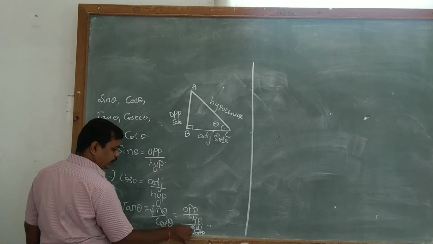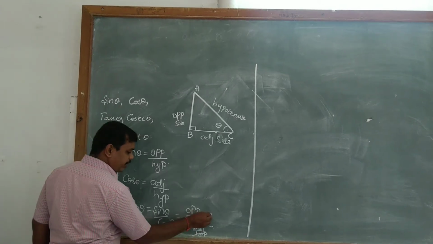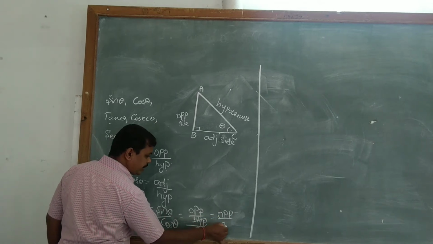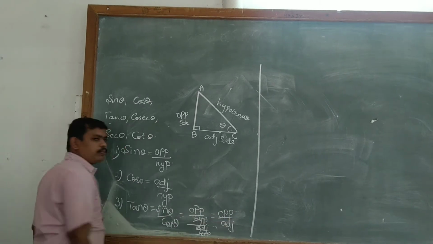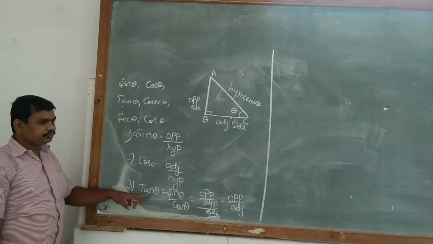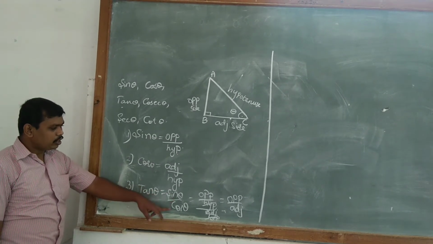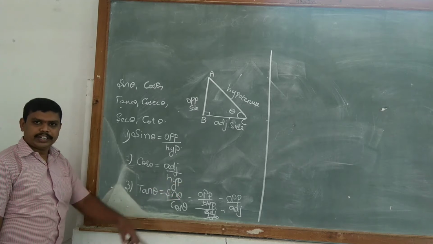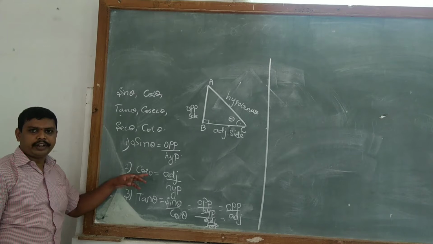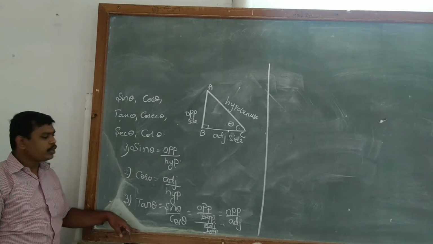Now if I cancel hypotenuse, you will be remaining with what here? Opposite by adjacent. So tan theta is equal to sin theta by cos theta, which is equal to opposite by adjacent. These are the 3 basic trigonometric ratios.